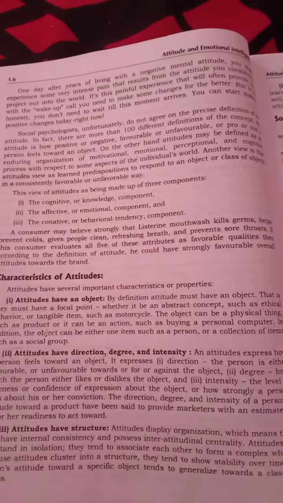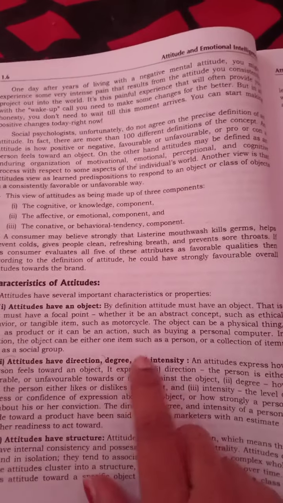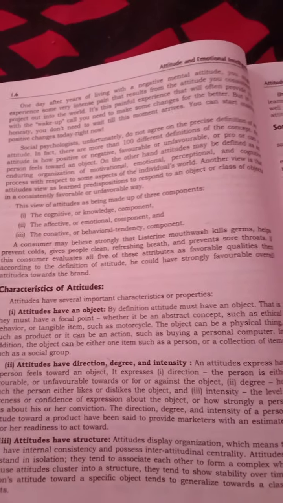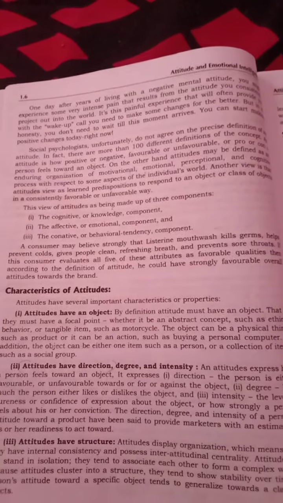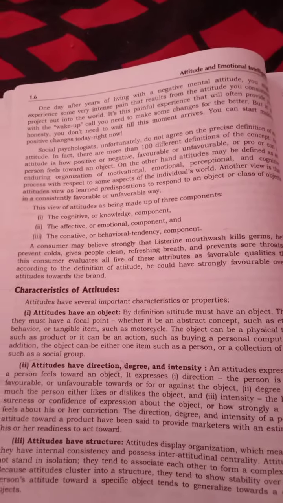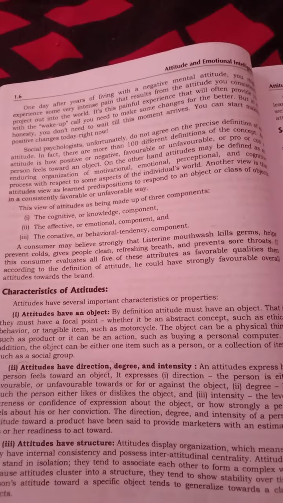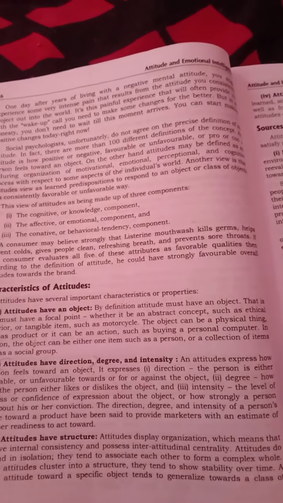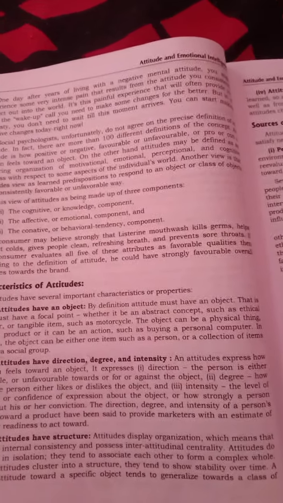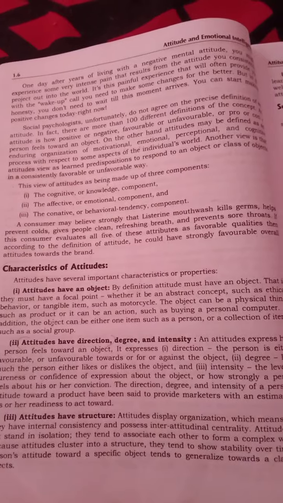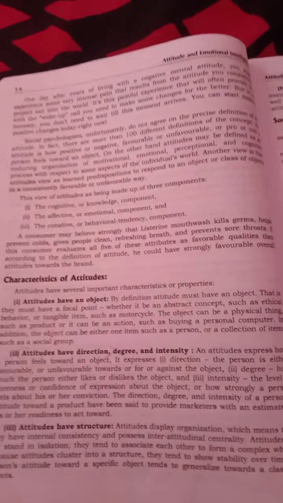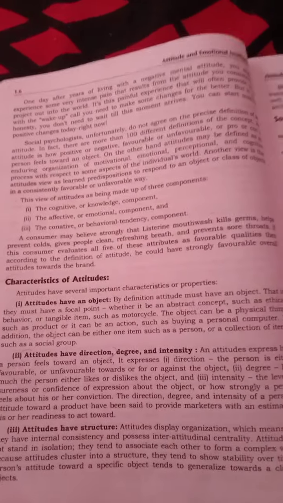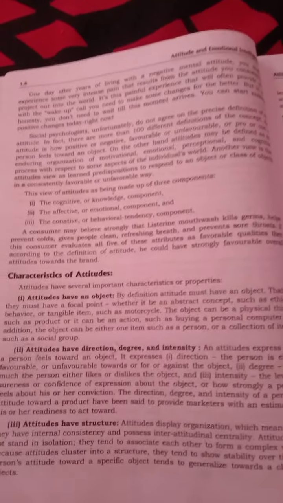Next one is attitudes have direction, degree, and intensity. Okay, so every attitude has its own direction, its own degree, and its own intensity. So what is the direction? See here, like I said, attitude expresses how a person feels towards an object. First thing, direction. Direction is whether the person is either favorable or unfavorable. Okay, that is direction. You're either pointing towards that person or against that person. The next one is degree.